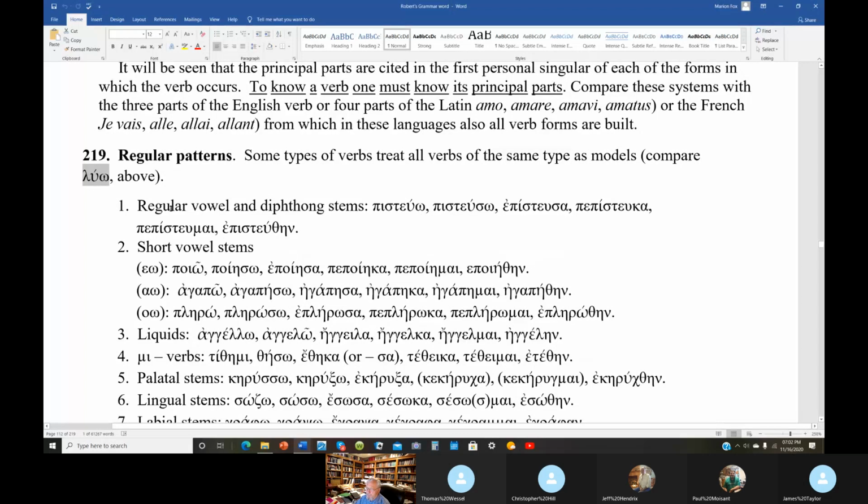Now, we have regular vowel and diphthong stems. Here's the pattern for that. Now, what they're doing for you here is they're giving you the basic first person singular, so you can get the root off it, the stem, and then you can add your endings to it. So if you go to a paradigm chart, you can see the endings.